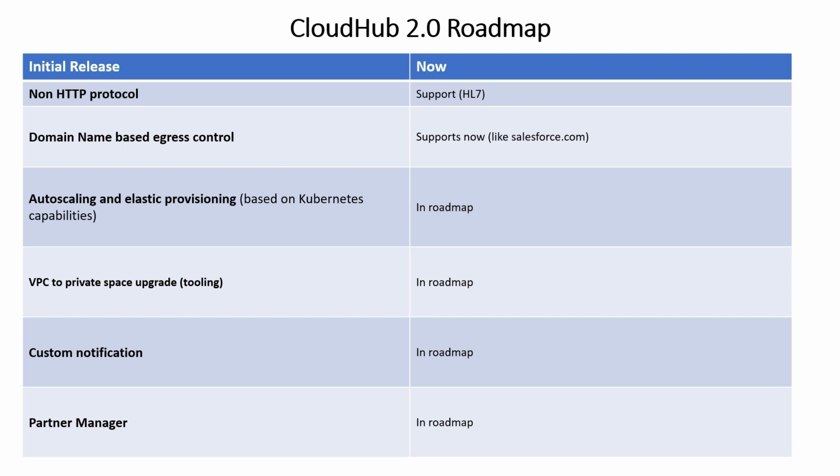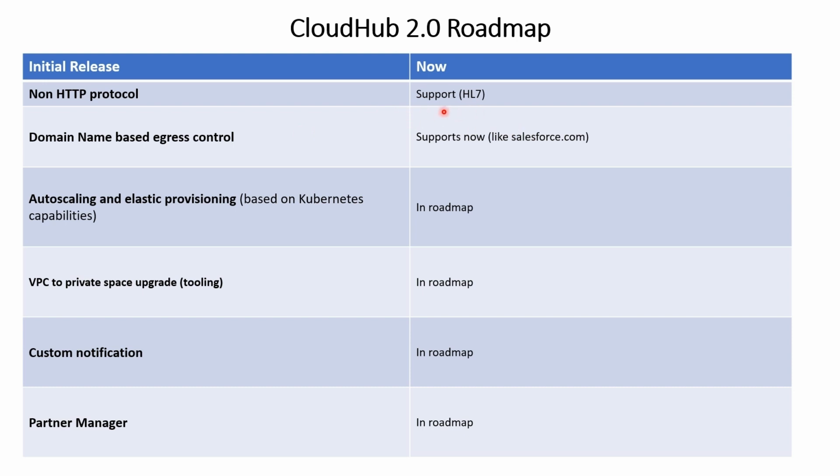In this slide, I'm providing the information regarding the CloudHub 2.0 roadmap. I have gathered this information from different MuleSoft conference meetings. The status information regarding the CloudHub 2.0 roadmap that is provided in this slide is subject to change. In the initial CloudHub 2.0 release, CloudHub was not supporting non-HTTP protocols, but now it does.